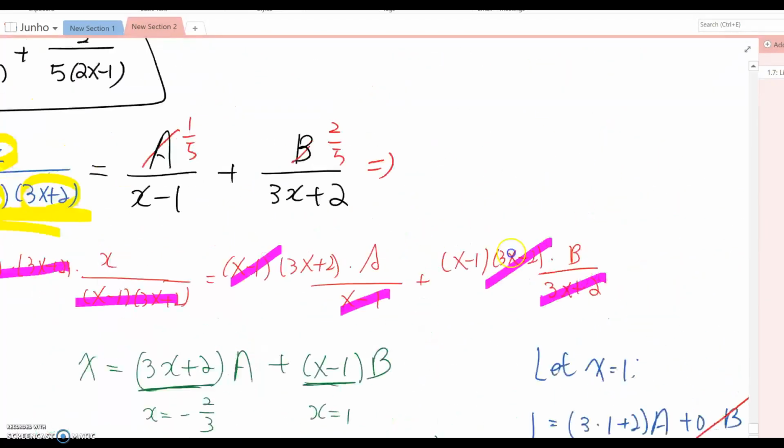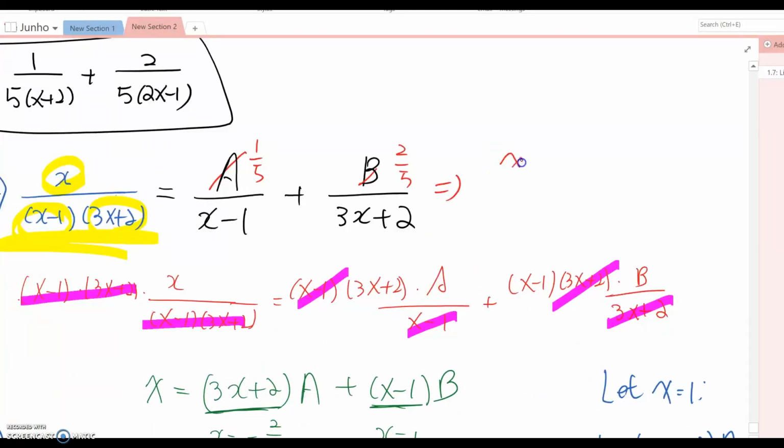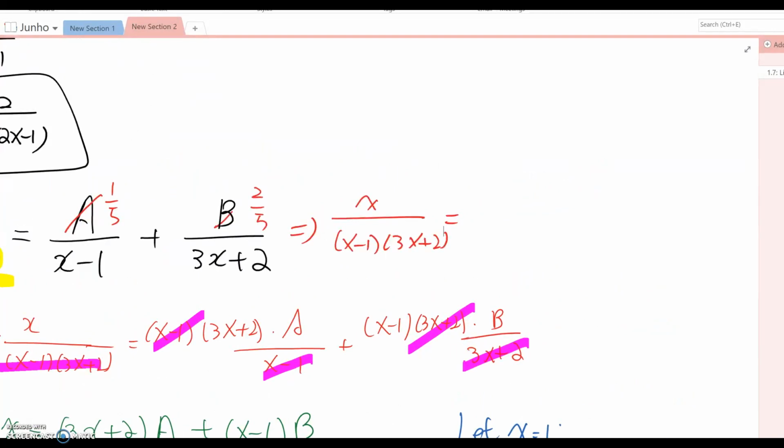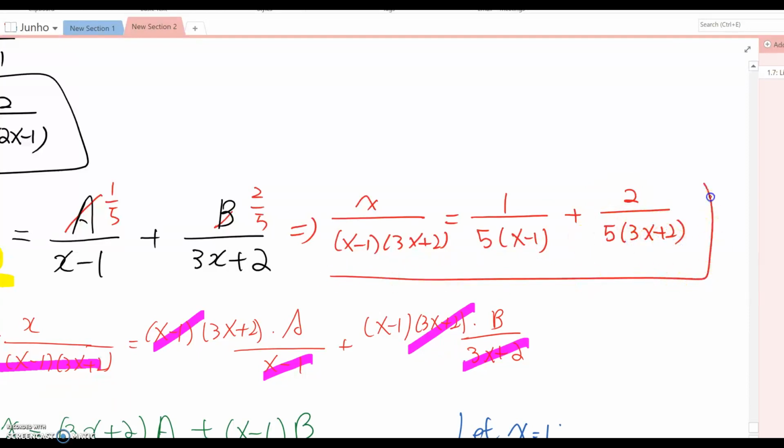Therefore x over x minus 1, 3x plus 2 equals 1/5 times x minus 1 plus 2/5 times 3x plus 2. That will be the answer for this decomposition, or partial fraction, of this composite function.